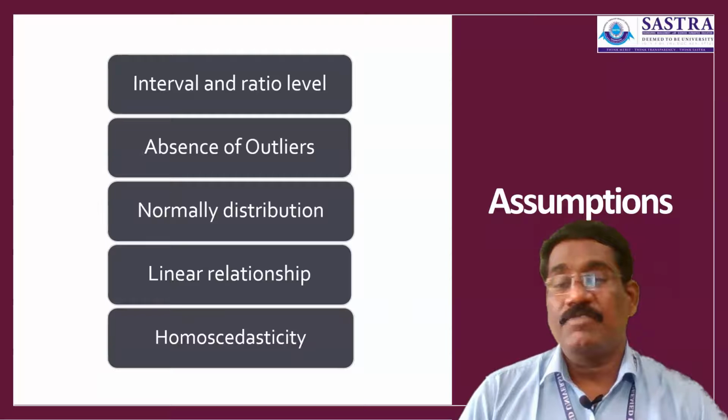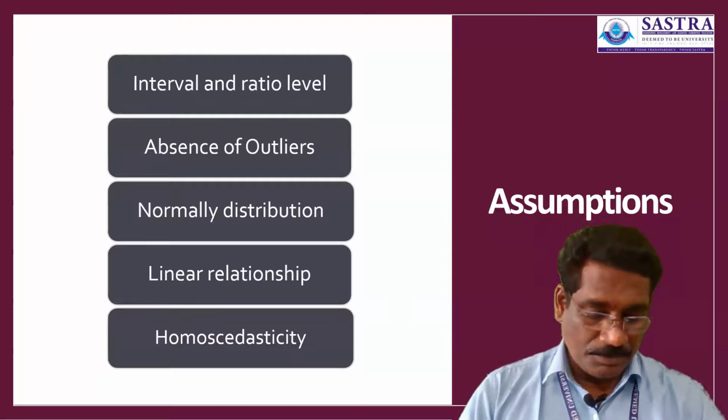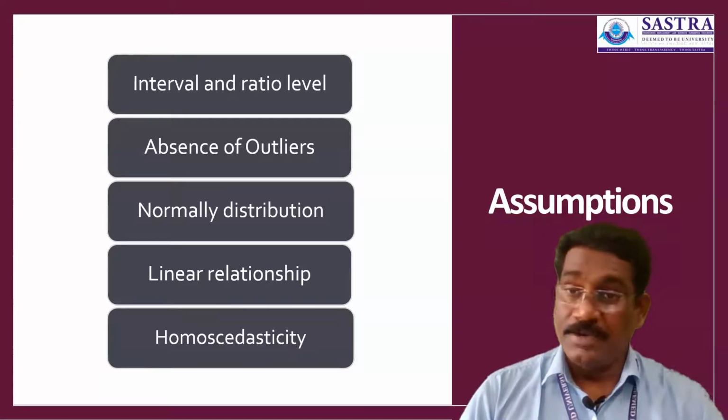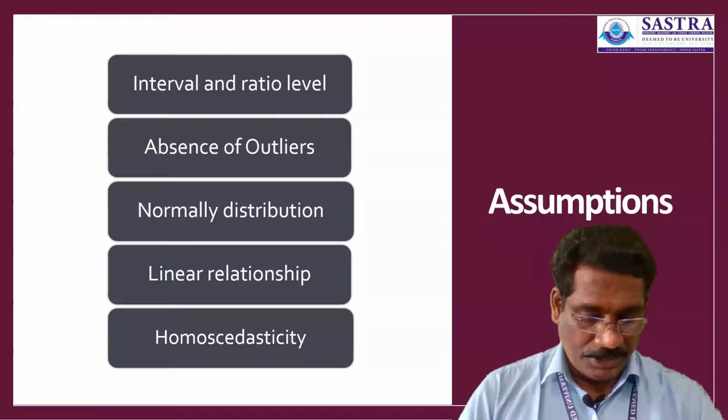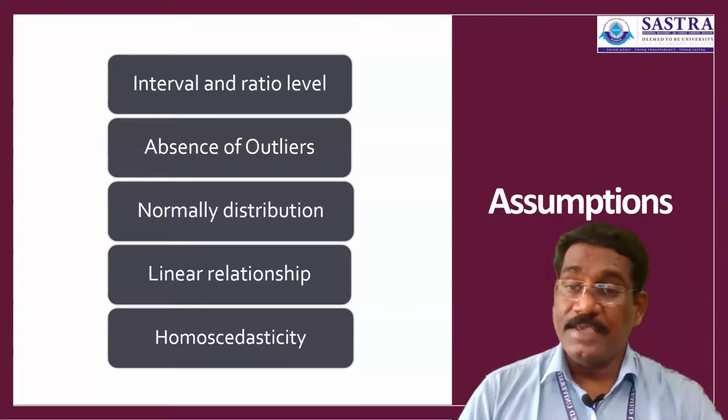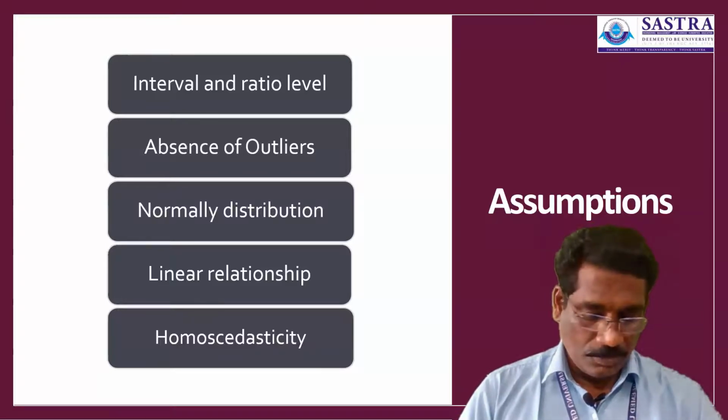Homogeneity refers to the distance between the points and that straight line. The shape of the scatter plot should be tube-like. If the shape is cone-like, then it does not have homogeneity.